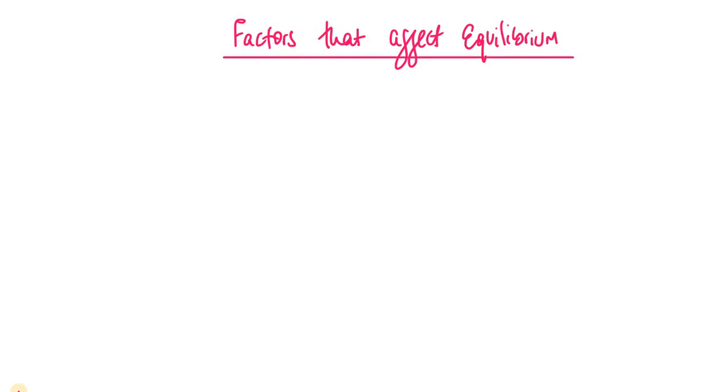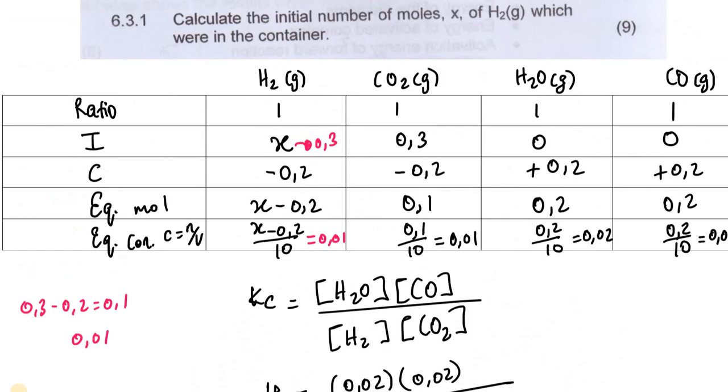Now, factors that affect equilibrium. Now, we have already reached equilibrium, right? And we have a certain concentration of the reactants and a certain concentration of the products, right? So one might decide to disturb the equilibrium. For example, let's say that I'm dealing with A2 gas, the very same thing we had.